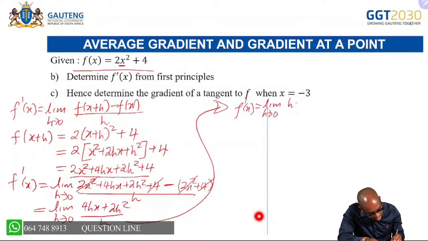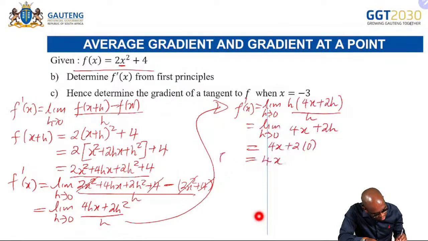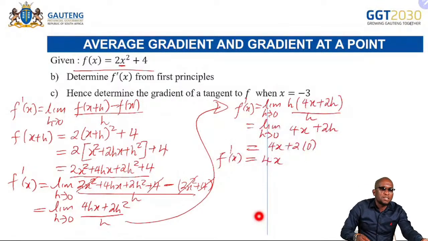So if we take h out as a common factor, this would be 4x plus 2h over h. So this would be the limit as h tends to 0 of 4x plus 2h. Now if h tends to 0, then we get 4x plus 2 into 0. This is 4x. This is f prime of x. That is the derivative of f of x with respect to the first principle.